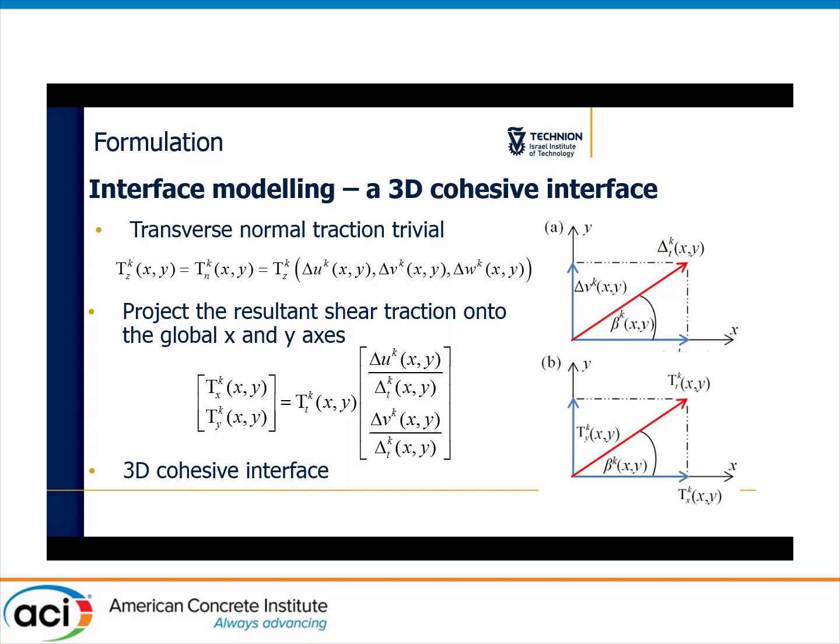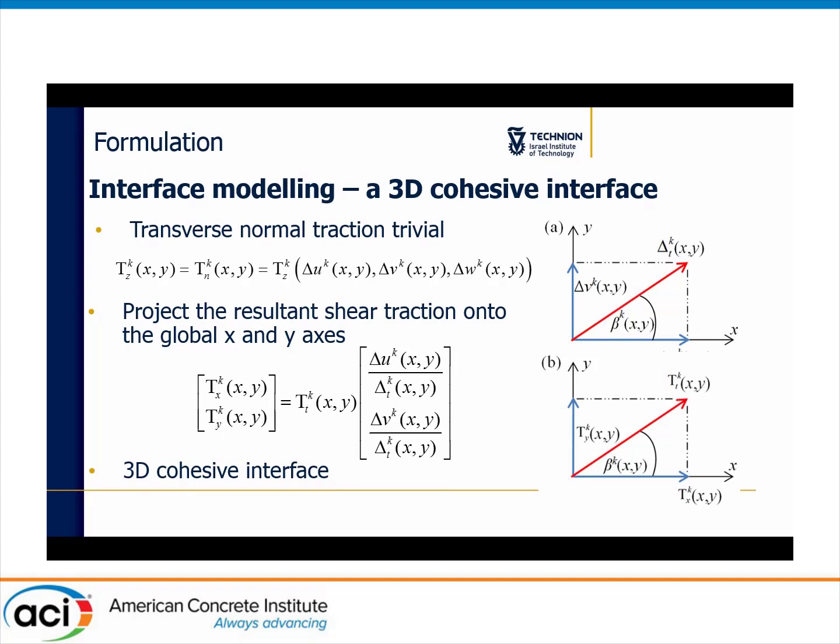The next step is to use this two-dimensional model in the principal interfacial direction to compute the tangential traction in that direction and also the peeling traction in the normal direction. And lastly, in order to obtain Tx and Ty, the Cartesian components of the tangential tractions, we simply project the resultant tangential traction in the principal direction onto the Cartesian axes.